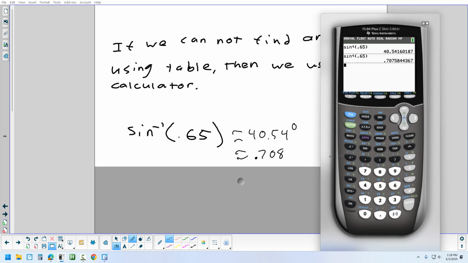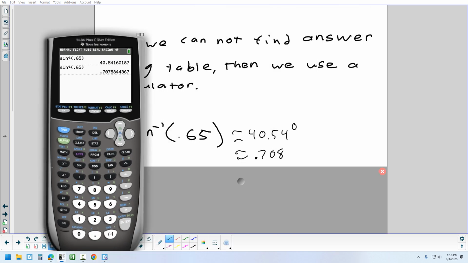Now, what if I type in the sine of 40.54? What should I get? Somewhere close to 0.65. Right, so what we're doing is we're trying to check our answer. We did inverse sine to get that. Now we're going to do regular sine and see if we get our answer back. Did I get 0.65?